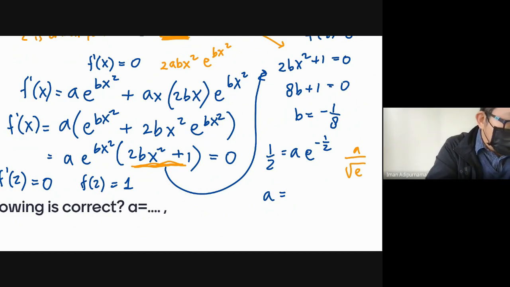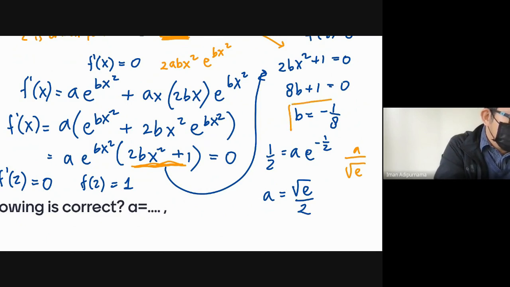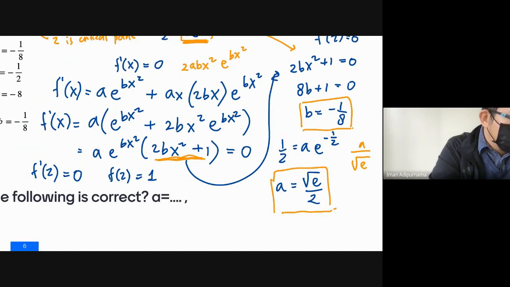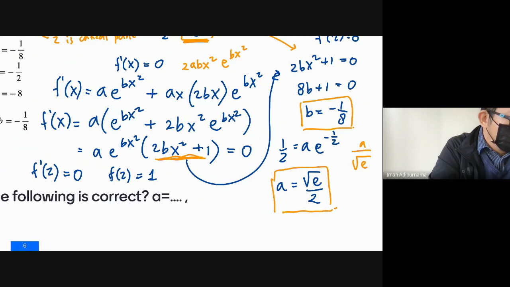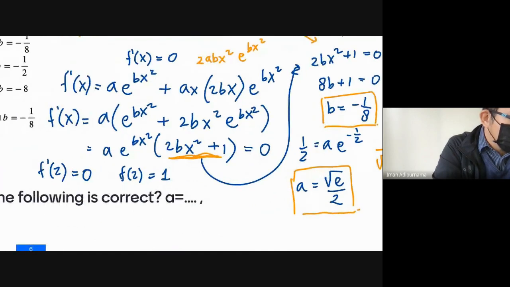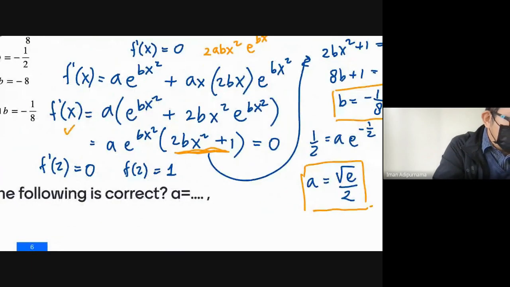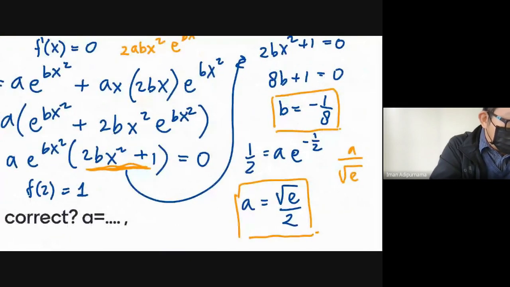So it's actually a will be square root of e divided by 2. Okay. So you need to be careful on the first derivative here and this e with the negative power here.